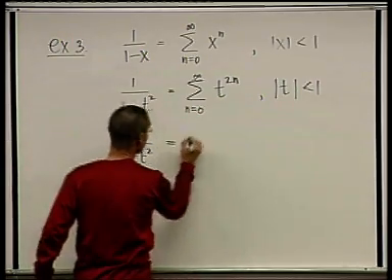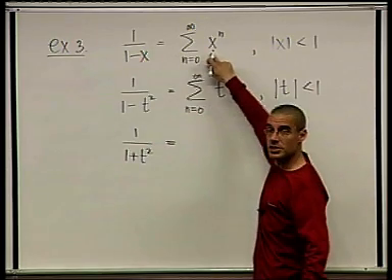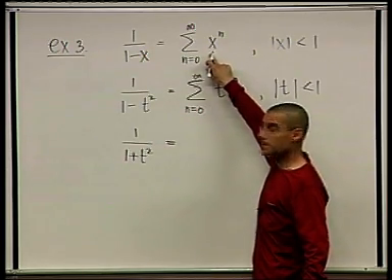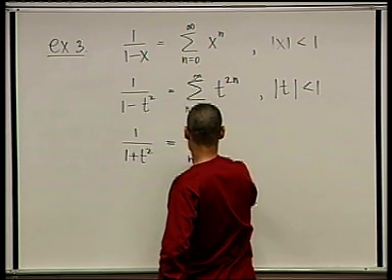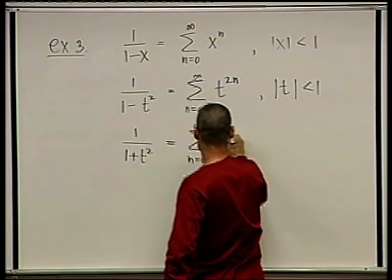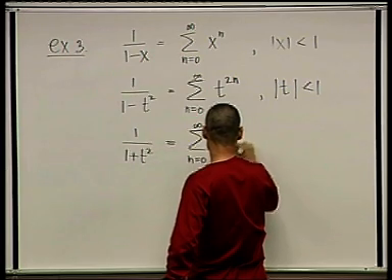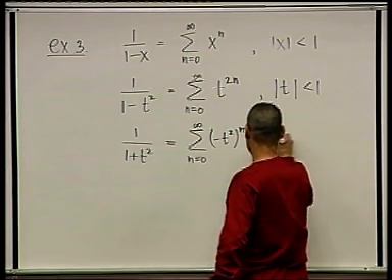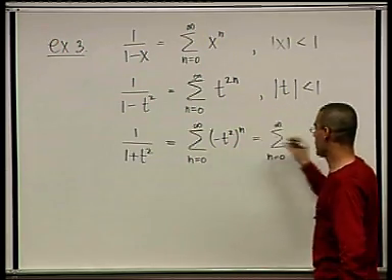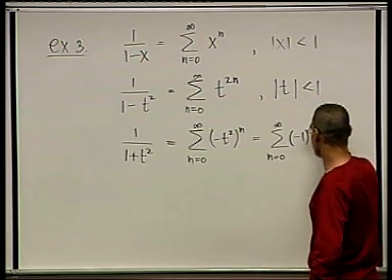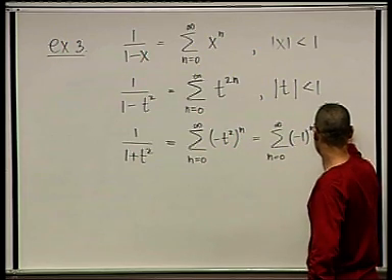And that equals, plug in minus t squared here. What's minus t squared to the power n? Let's write it. So this equals the sum n equals 0 to infinity of minus 1 to the n, and then t to the power 2n.